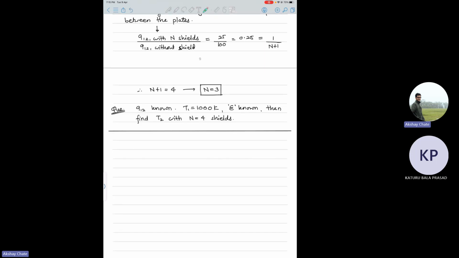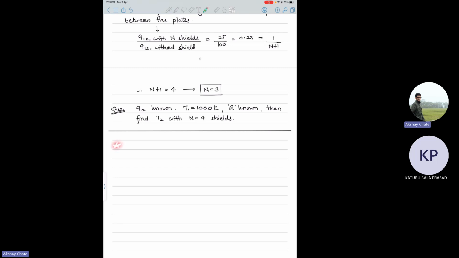There is a problem where plate emissivities are same, but shield emissivities are different. But all shield emissivities are same. But we don't have that much time here, so I'm skipping it. But you can also think about that variation of problem, and maybe it will be beneficial if you come across such a case later.